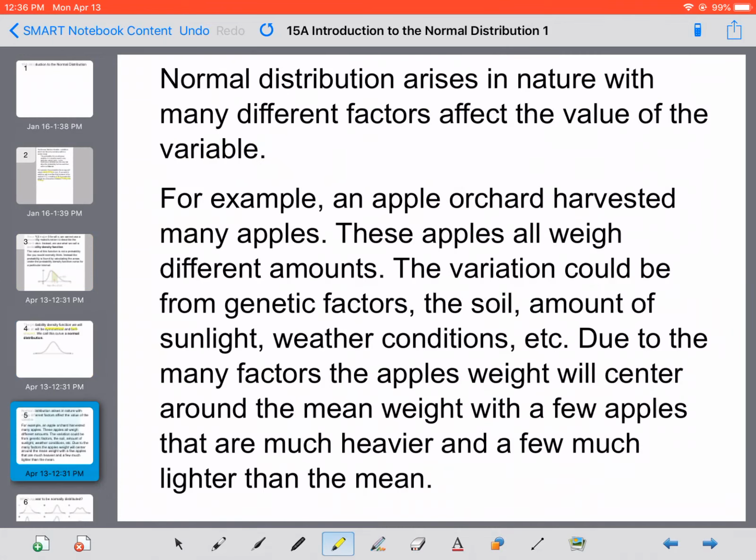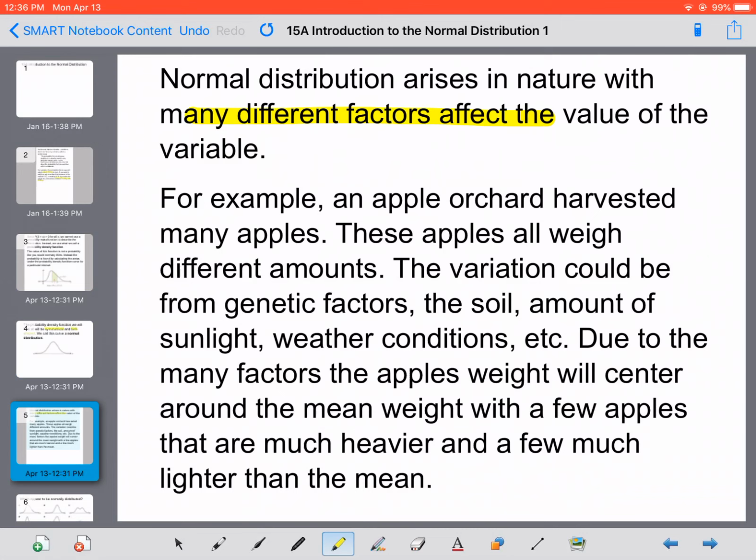So then what makes something a normal distribution? Well, it's because it has many different factors that affect that value. For example, if you think about somebody who owns an apple orchard, when you go to sell those, you sell them by weight. And think about when you go to the store and you buy a bag of apples. All the apples are different sizes, different shapes, and they all weigh different amounts.